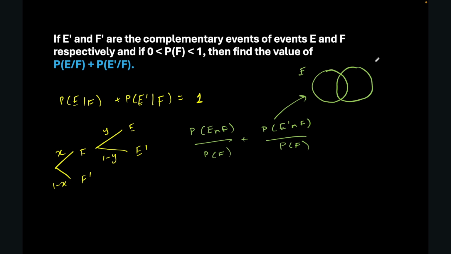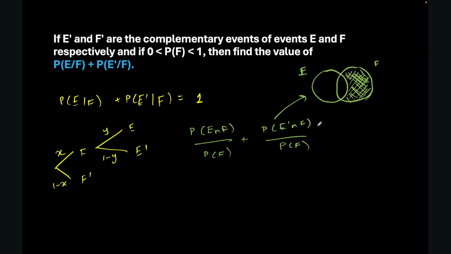Event E, event F. Now, the probability of E and F would be the middle part right here. But that's not the case. Now we just want the probability of E not happening and F happening. That's just this part. If you have seen my previous videos, you'll know that this is exactly what I'm talking about.